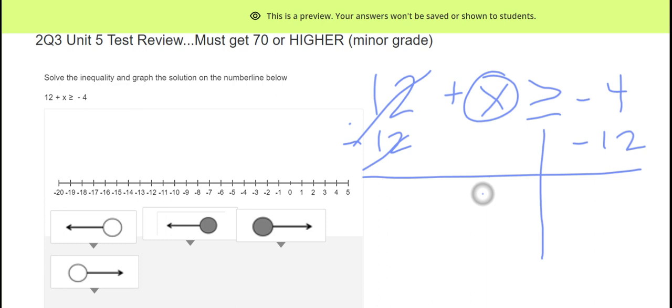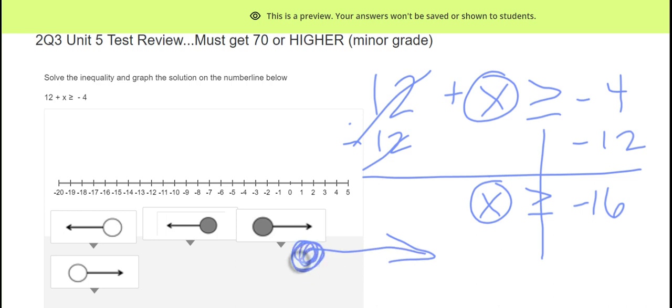After step 1, we bring the variable term down, we bring our sign down, and then you have negatives with negatives, which is going to give us negative 16. Now, the variable term is positive, it's on the left, so your arrow is going in the direction and it's shaded.